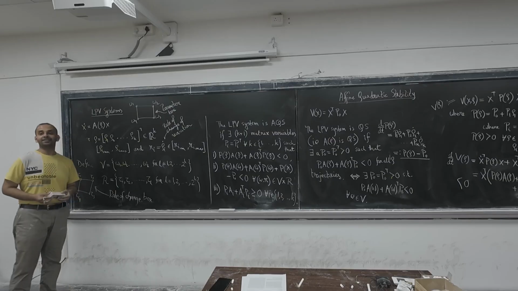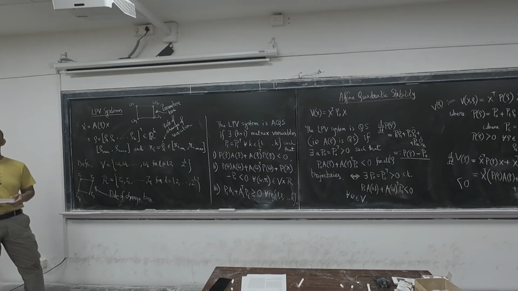Why is that called an extension to Routh-Hurwitz? In Routh-Hurwitz, what do you do? You have a characteristic polynomial, and you check by changing the sign of the first coefficient.